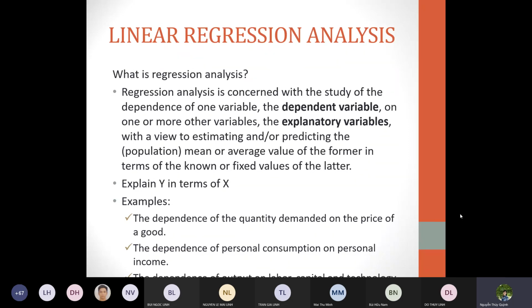Okay, so let's draw a figure to see the relationship between the variables here.